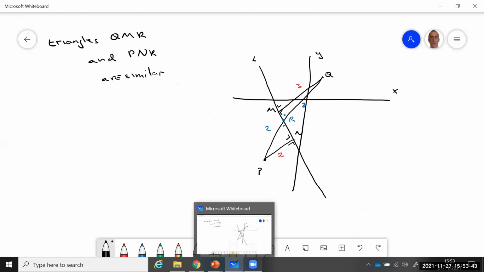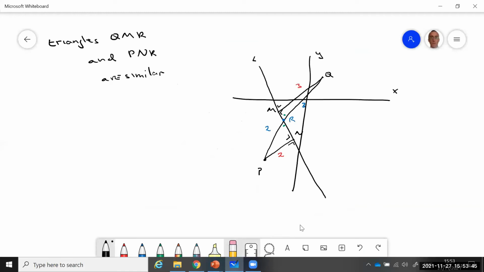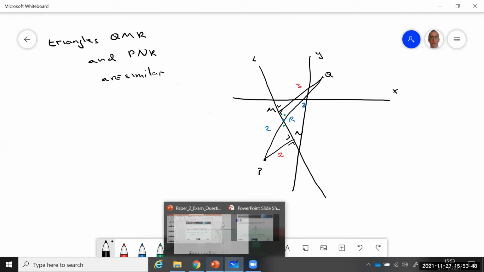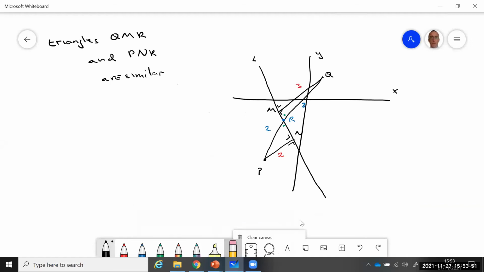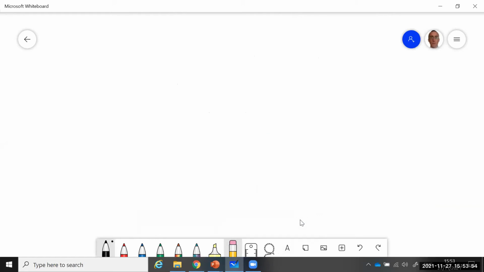If I go back to my whiteboard, we have C, the center of that is A, the center of that is B, and that's D. And that's shaded in there for a reason we'll see later. So he wants the measure of angle CAD.